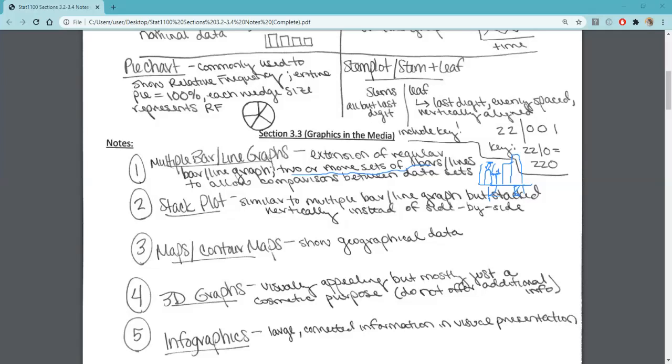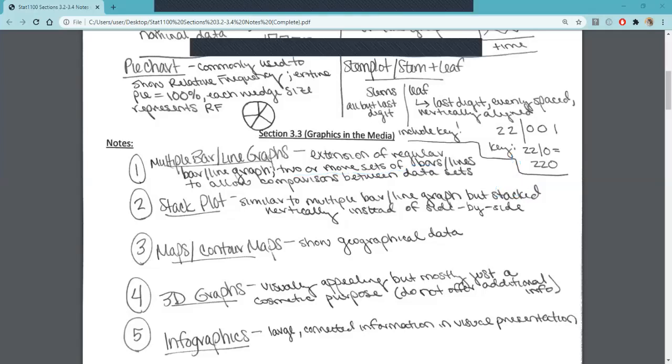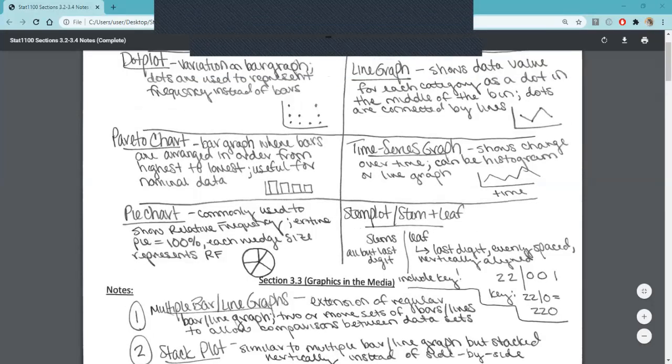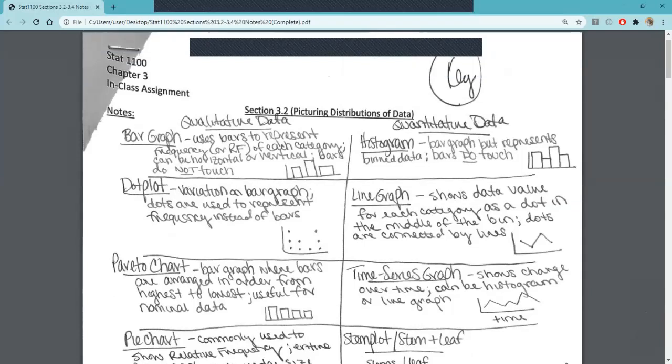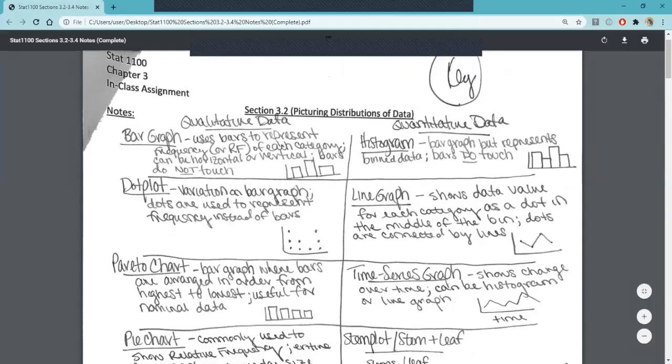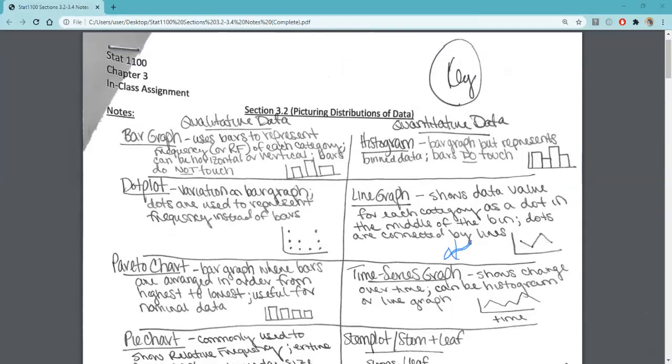So we're looking at 2 different sets of data. And the same thing would occur if we had a line graph. Let me scroll up here. Essentially, this was our line graph right here. If we're looking at this line graph, let's say that this was the number of red cars sold in a certain time span or at a certain location.